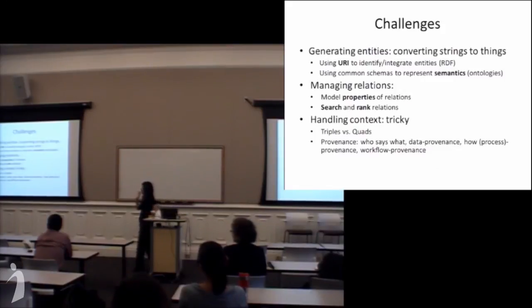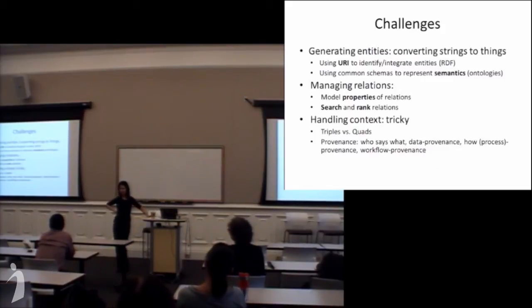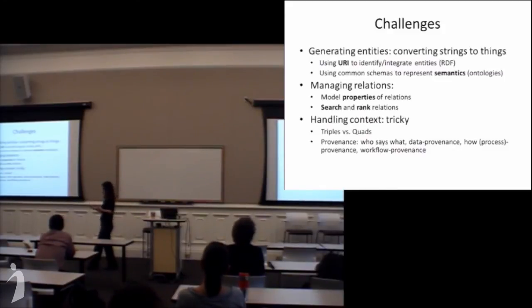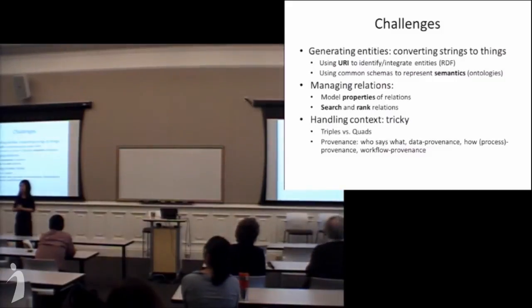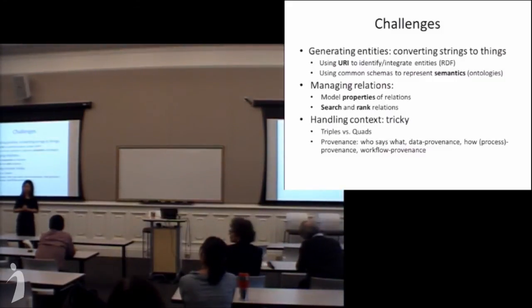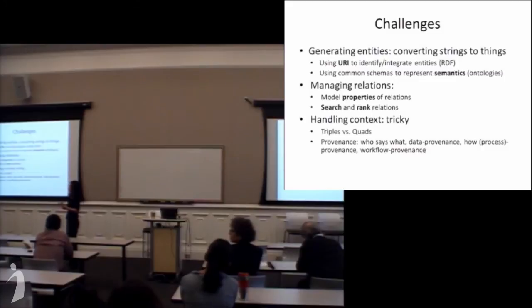I will finish my talk by highlighting challenges. I want to go back to my vision, from strings to things. I think generating entities is not trivial. It's a difficult thing because giving an identifier to an entity is normally done centrally, but we are living in a decentralized, distributed web. How are we able to handle the URL issue?